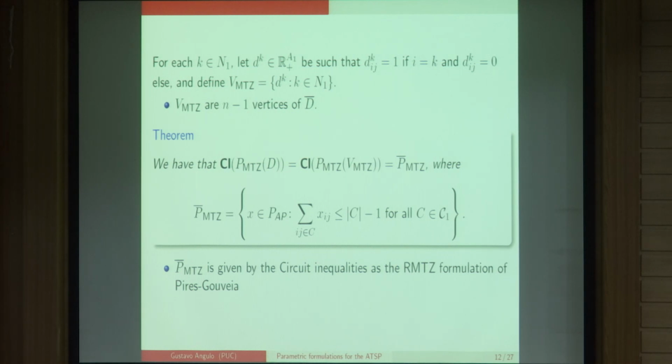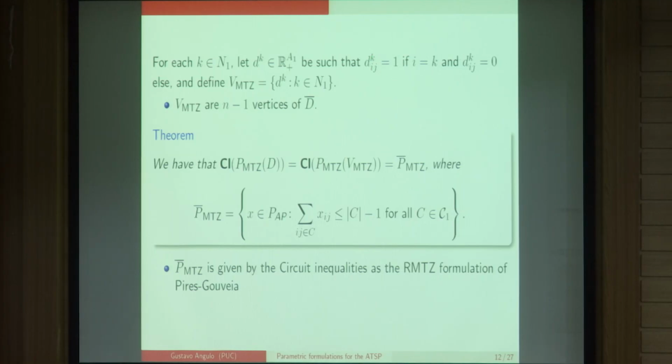I will focus on a particular choice of vertices of D bar, which are very simple. For each node in N1, consider the vector where we have a value 1 for each arc that is coming out from node i, and 0 for any other arc.